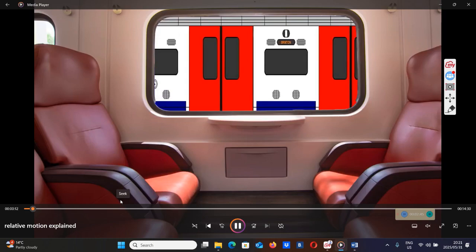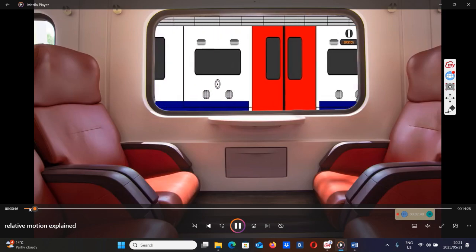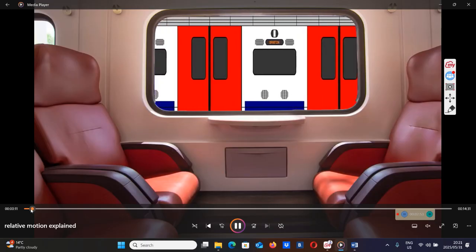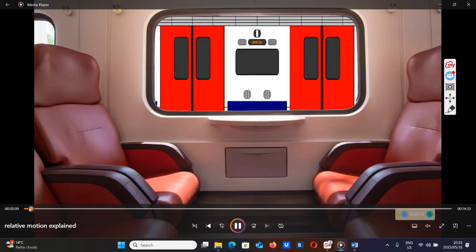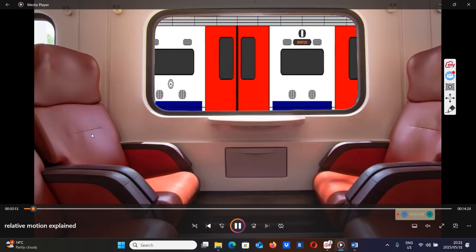Yeah, I can see some movement there. Let me repeat it again. Remember, I've asked which one is moving between train A and B.